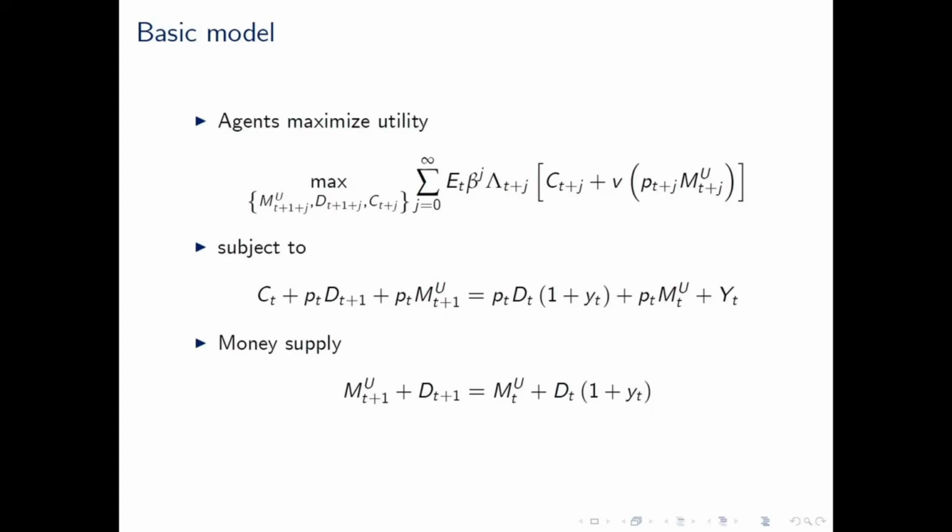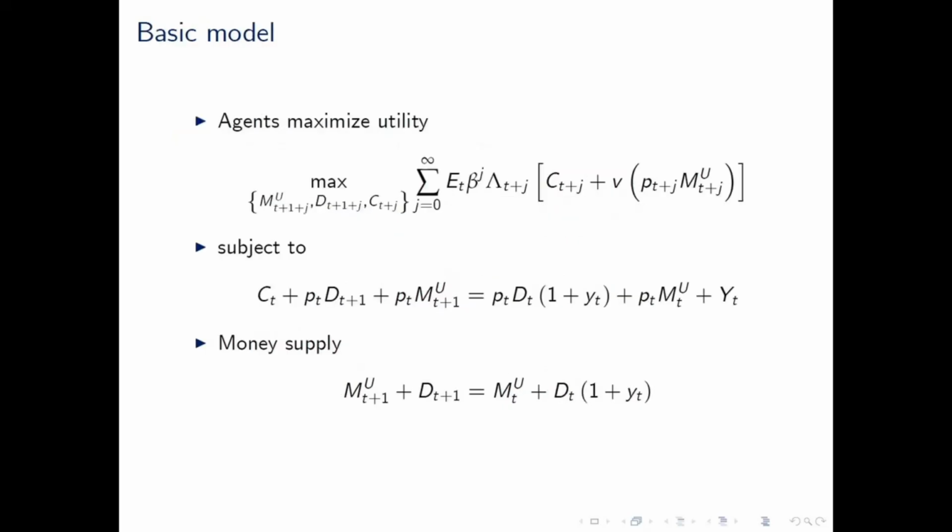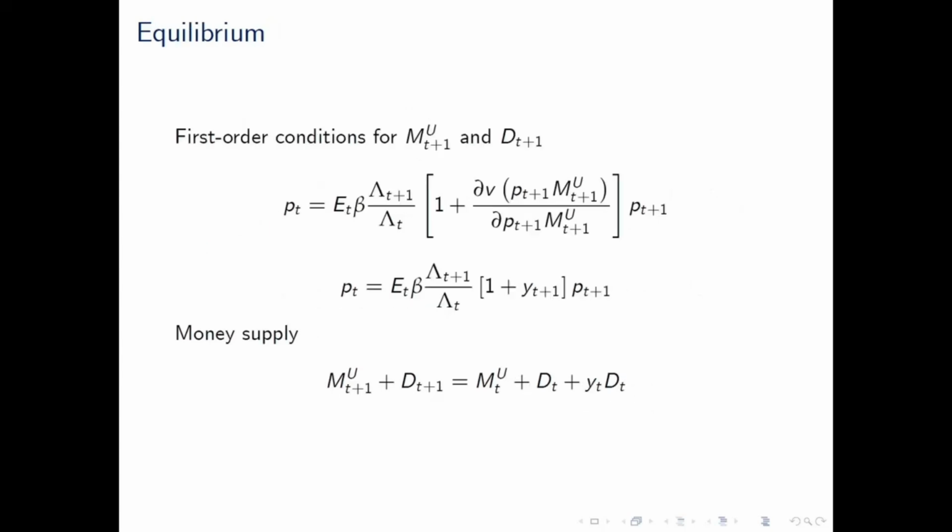Then you solve this. An equilibrium in this setup is one where agents take prices and policies as given and optimize. You can summarize the equilibrium with these three equations.